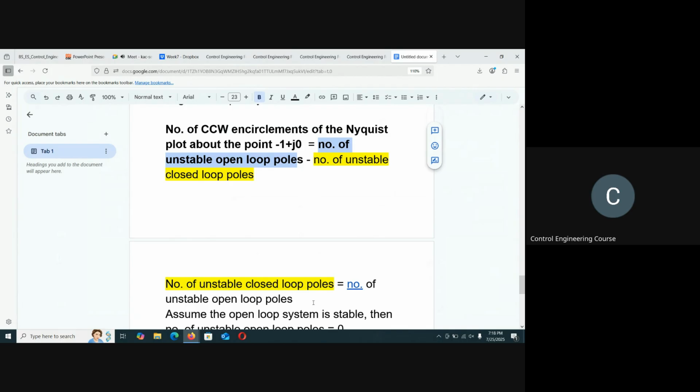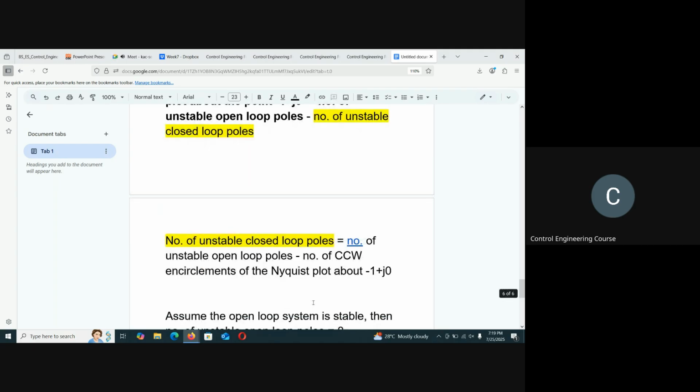right? Minus the number of counterclockwise encirclements of the Nyquist plot about -1 plus J0. If you know the open loop system is already stable, then this part will be 0.